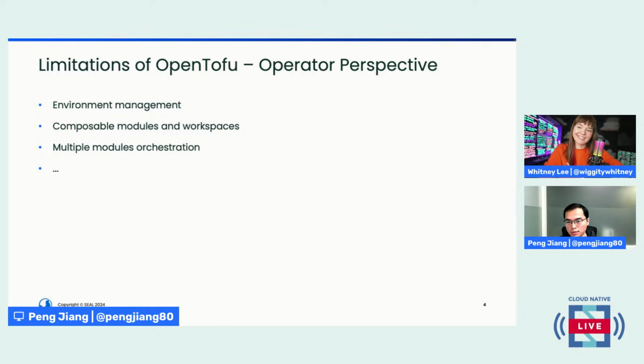The second one is composable modules and workspaces. It's also a question of whether you should use a mono module or multiple modules to handle complicated scenarios. For example, if you want to create a Kubernetes cluster with OpenTofu, you need to create a VPC, a subnet, and so on. Then you probably need to create a root module and some other sub modules to complete this task.